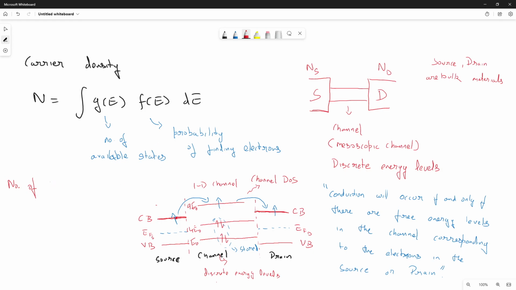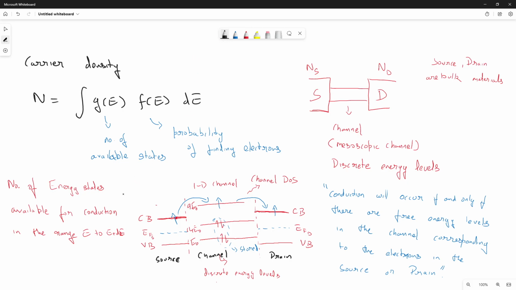Now the number of energy states available for conduction in the range E to E plus dE.